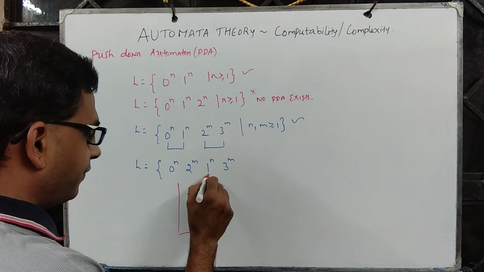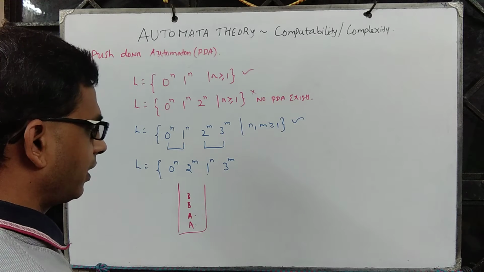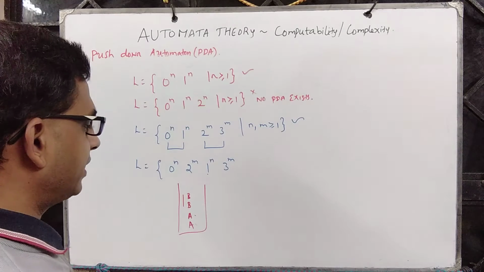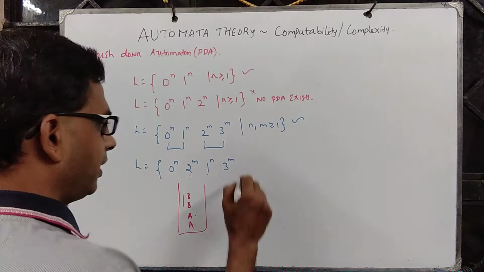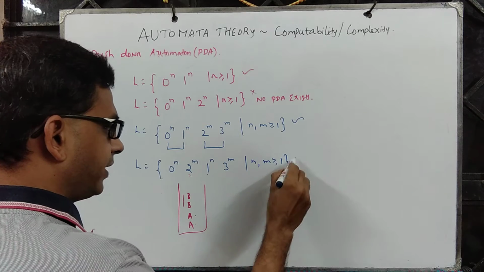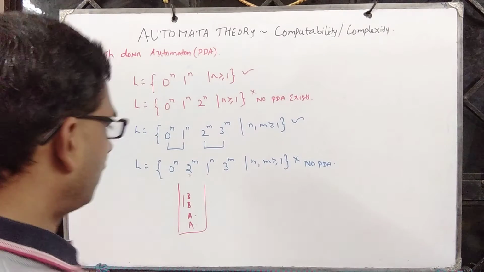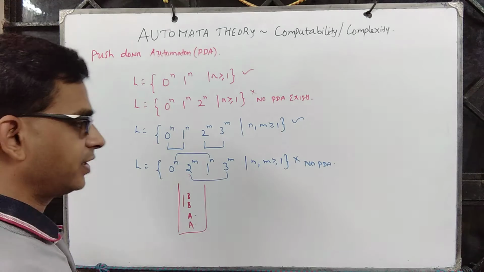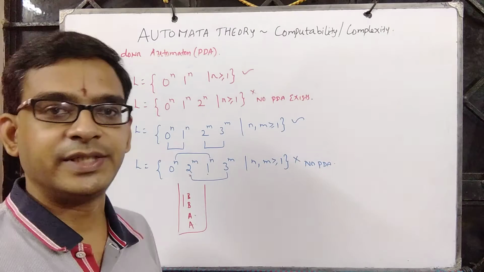So now we see 1, but 1 should be mapped with these two, but it is a stack, so the top portion contains information about 2, not information about 0, which means even this language cannot be accepted by a PDA. Although these two are grouped in pairs, the order of appearance also matters when it comes to design.